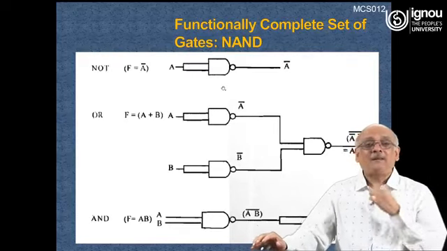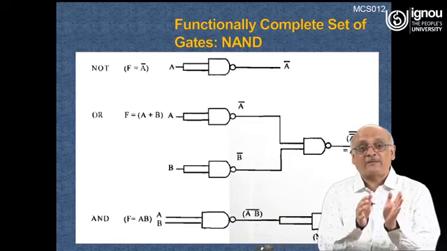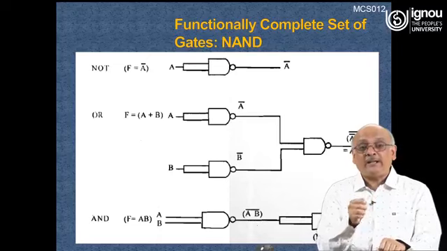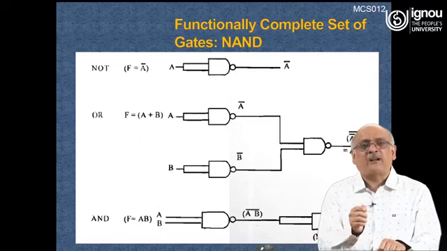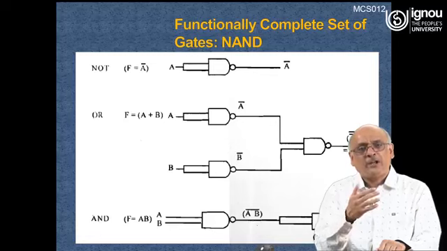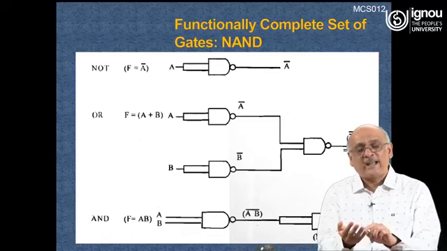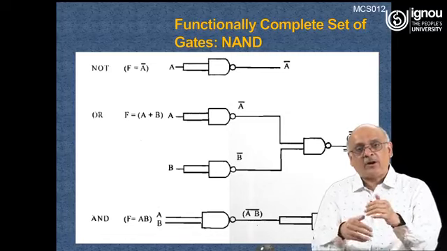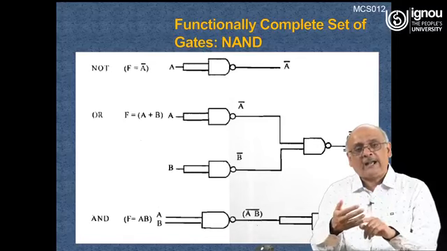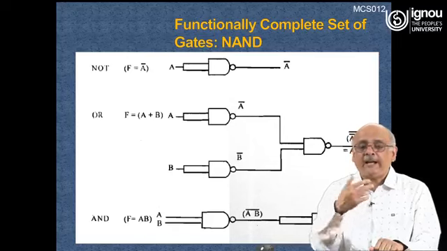But what happens in computers when we are trying to design circuits with the help of semiconductor technology, drawing three different kinds of gates becomes sometimes very cumbersome. So what we need is a gate which is functionally complete, through which we can draw all the circuits, and one of the combinations of those gates is AND or NOT. So if any gate can be used to draw AND or NOT, then that particular gate can be utilized for drawing any kind of circuit.